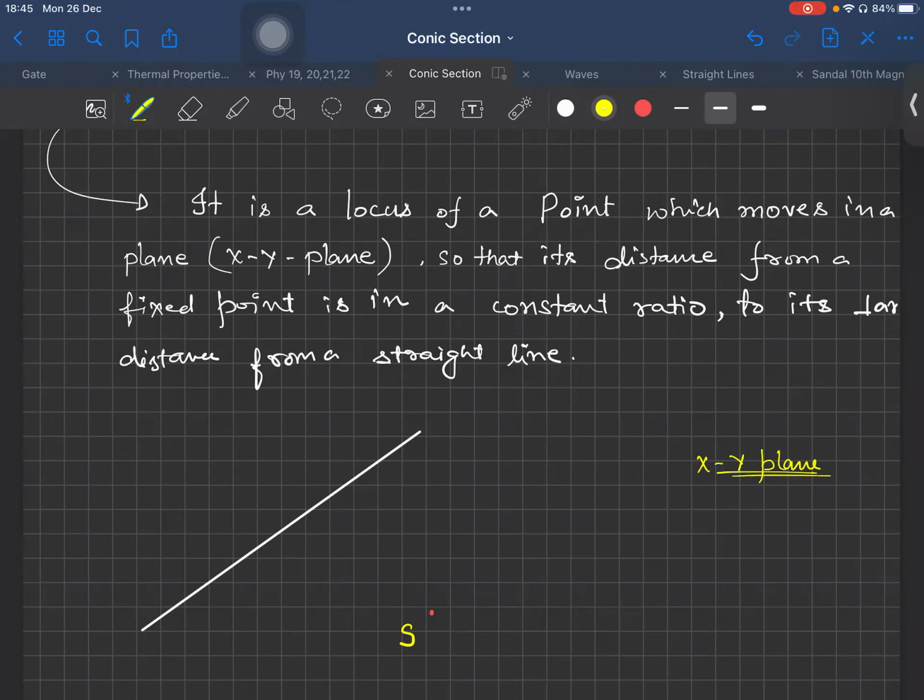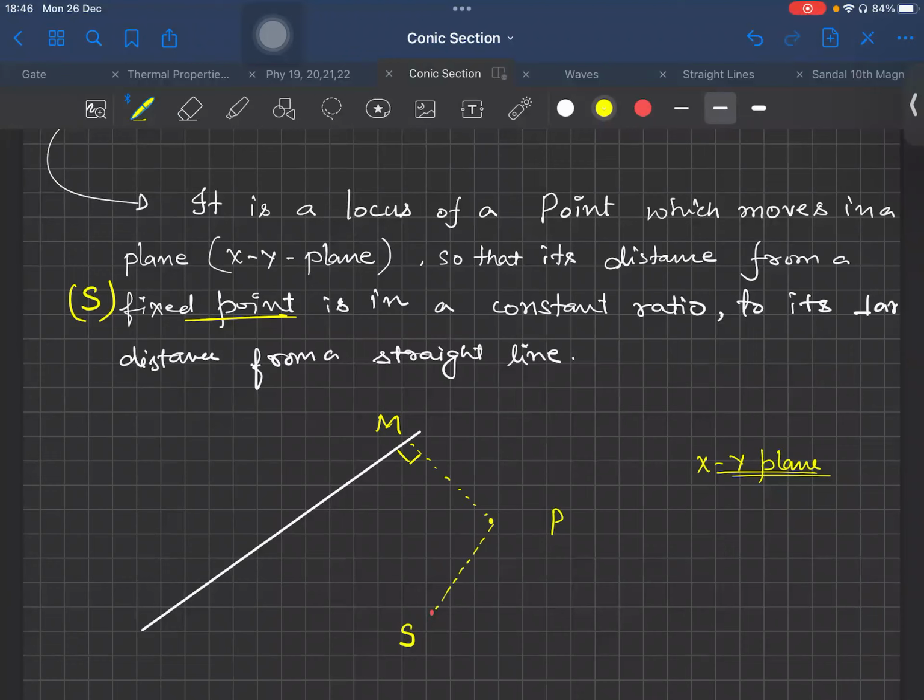The fixed point is S, and the moving point is, say, P. Draw a perpendicular from P to this line, let's say M. Now join PS.